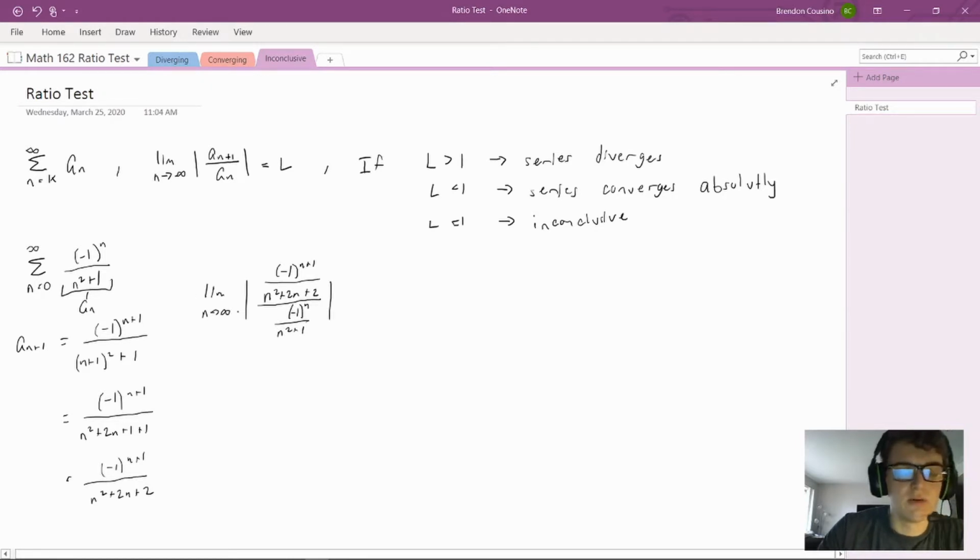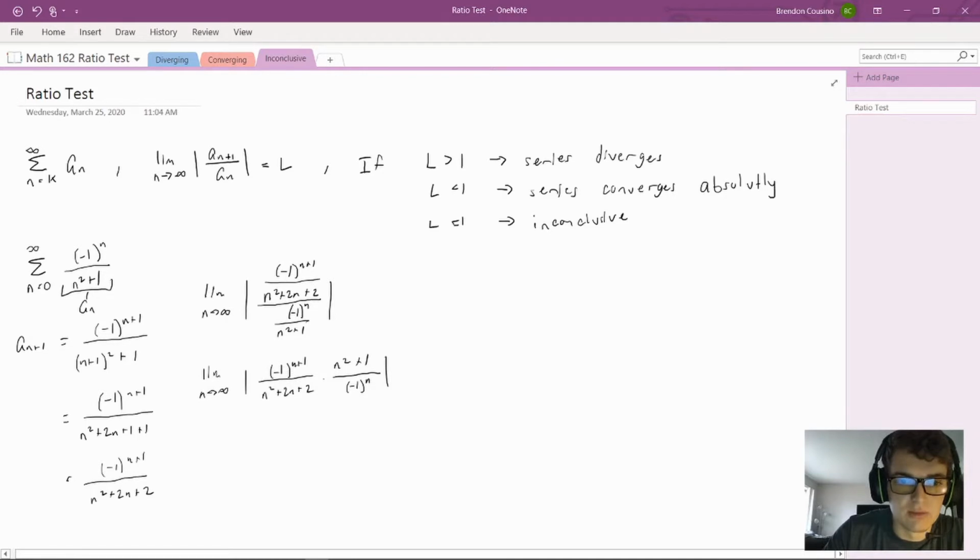Now let's simplify this by keeping the top, switching the sign from division to multiplication, and flipping the denominator. So this is the limit as n approaches infinity of the absolute value of negative 1 to the n plus 1 divided by n squared plus 2n plus 2 multiplied by, now flipping the denominator, n squared plus 1 over negative 1 to the n.